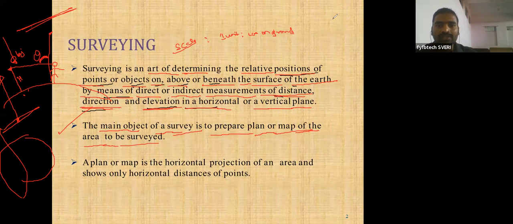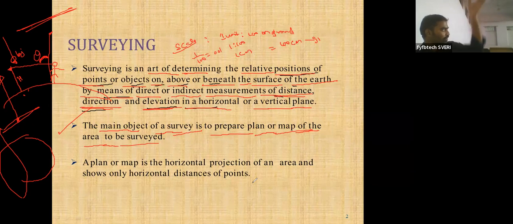Suppose 1:100. It means 1 centimeter on the plan is equal to 100 centimeters on the ground. Convert this to 1/100, you will get 0.01. Suppose you want an India map; from north to south the distance is something like 1000 kilometers.